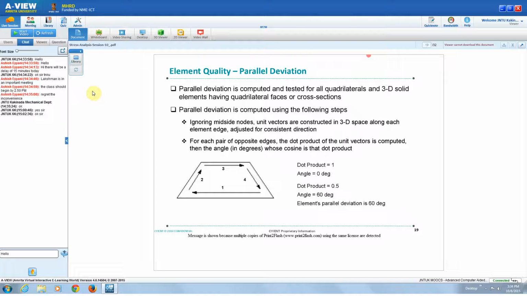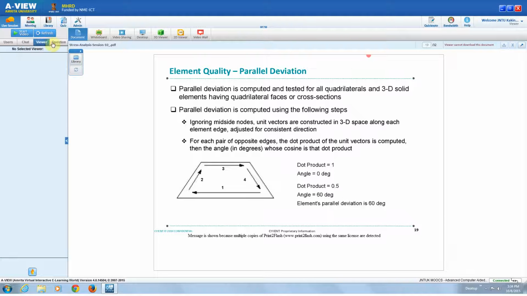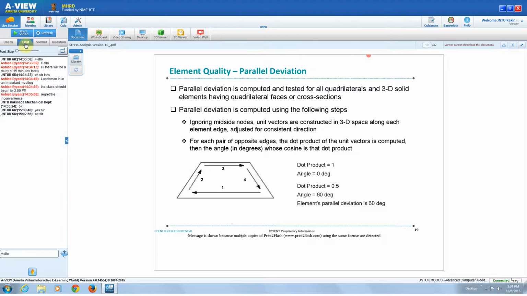A brick has all quad faces, a pyramid has only one quad, and a wedge has three quad faces. So parallel deviation is checked for 2D quads and for 3D quad faces.